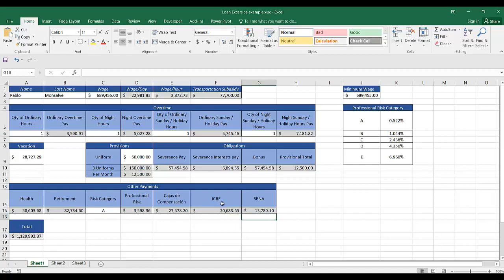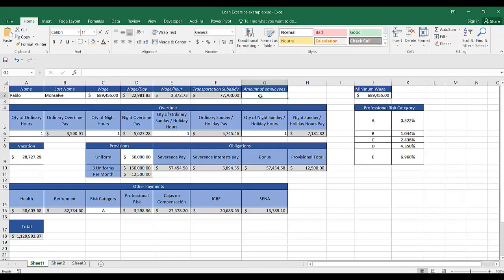So if you have one employee, you're going to have to do all this, which is my idea. We will do it later on that you don't have an employee. But we are going to create, right over here, a new one that is called amount of employees. And depending on this number, we are going to create a conditional statement on these cells if we have to pay or not.